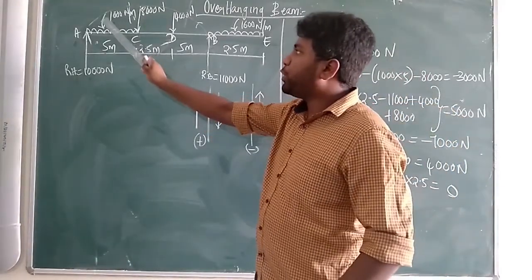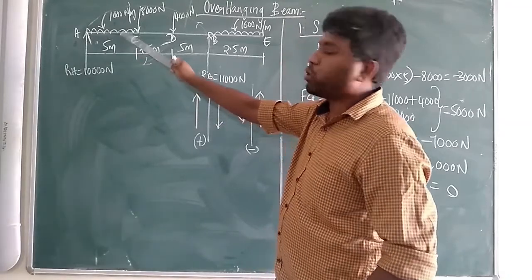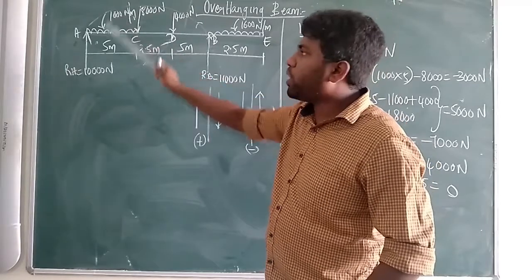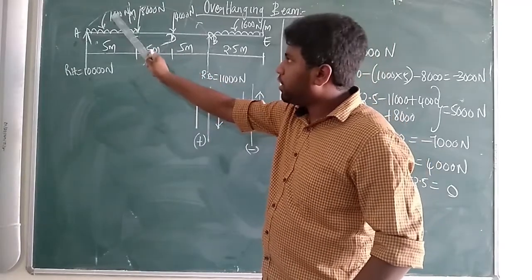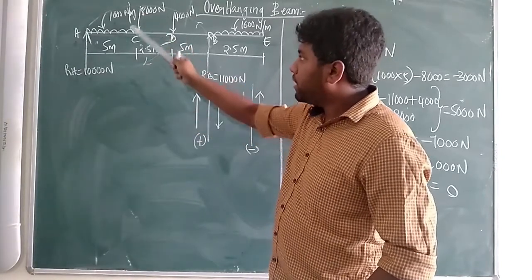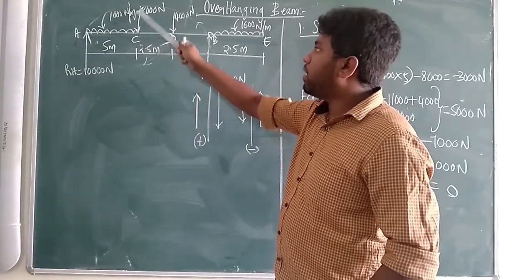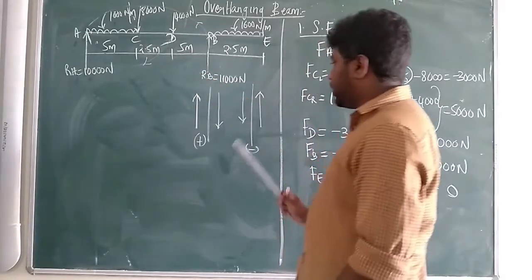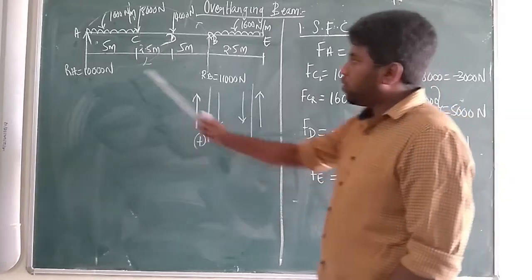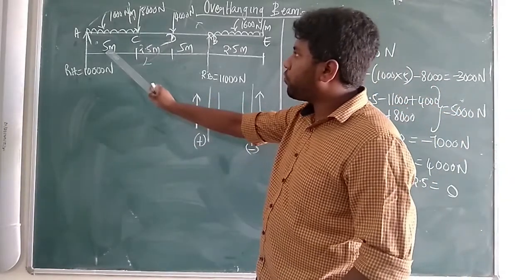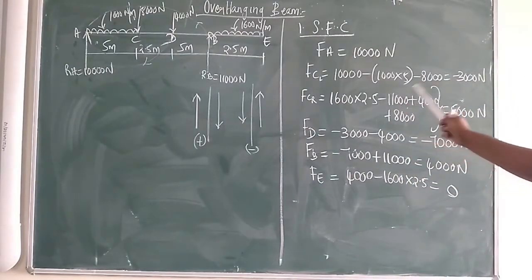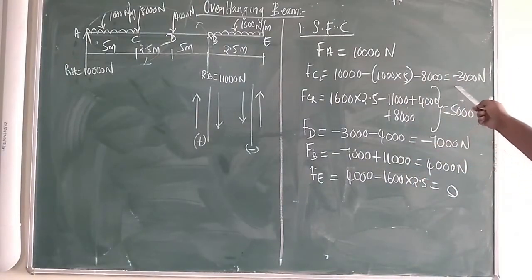The UDL is distributed over a particular span; for shear force calculation it is simply load into distance. So minus 1000 into distance 5 meter, and again a downward load, negative: 10,000 minus 1000 into 5 minus 8,000. That comes to minus 3,000 Newton.